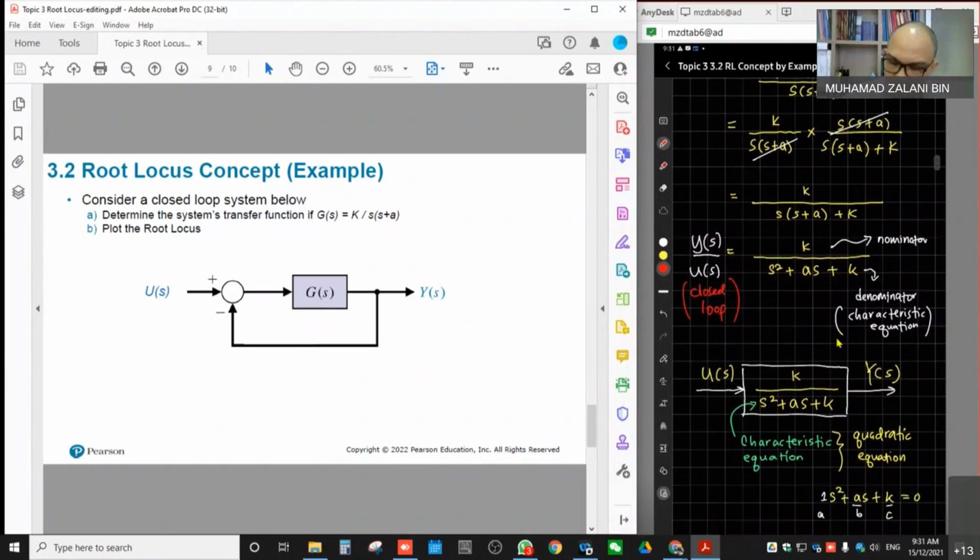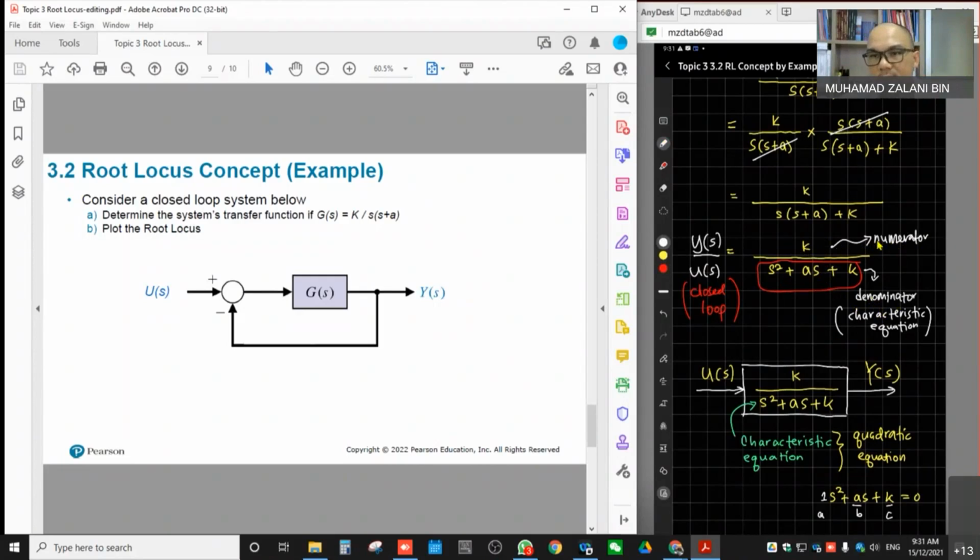The next procedure is to focus on this characteristic equation, which is the denominator here. The numerator is here; if there were an s in it, we could determine its zeros.